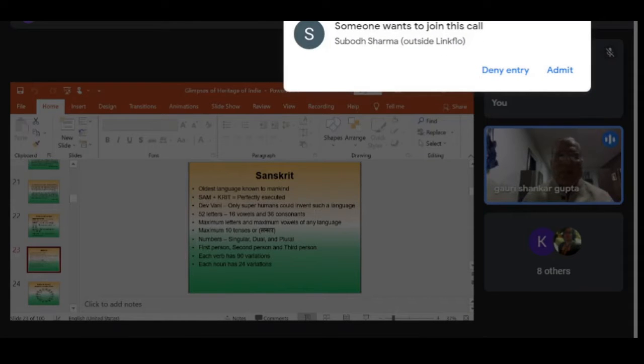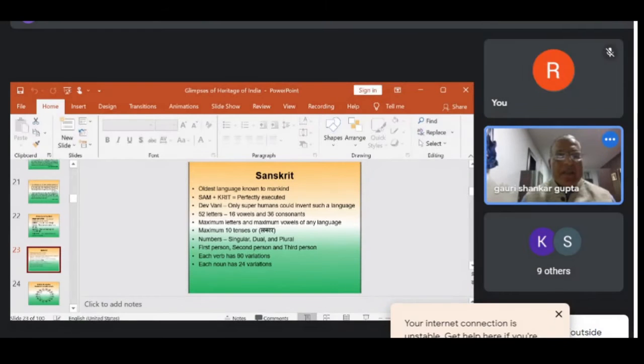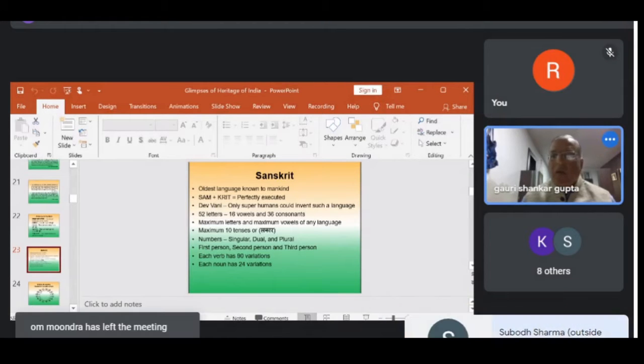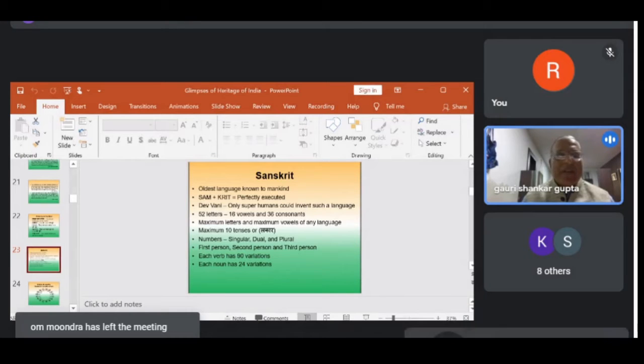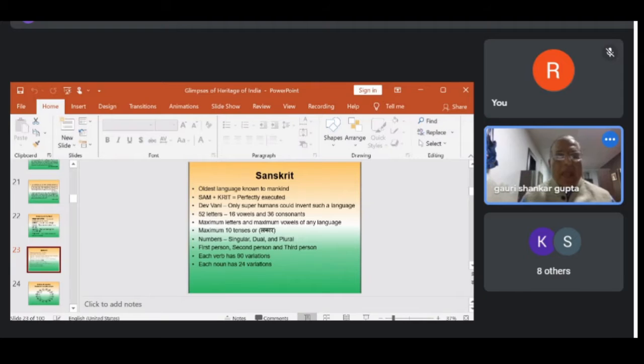There is no language older than Sanskrit known to mankind today. This is the oldest and the most scientific language in the world. It is actually made of two words, Sam plus Krit. That means Sanskrit. Sam means perfectly well balanced, and Krit means completed or executed.